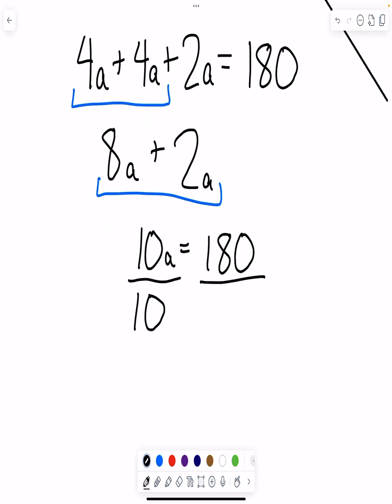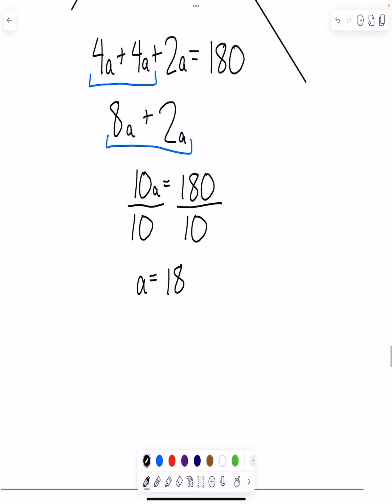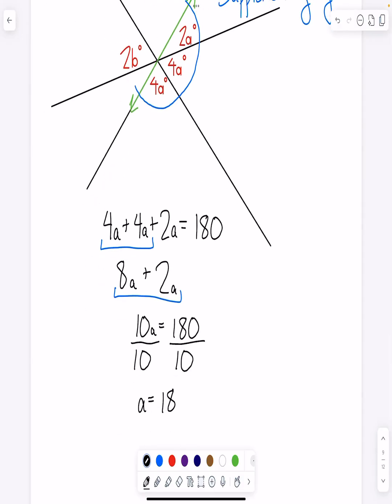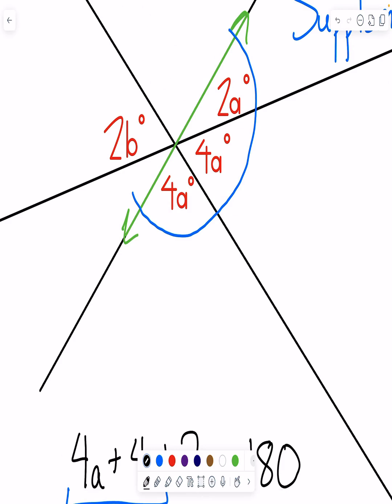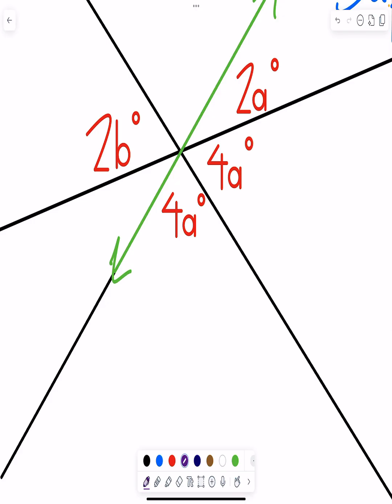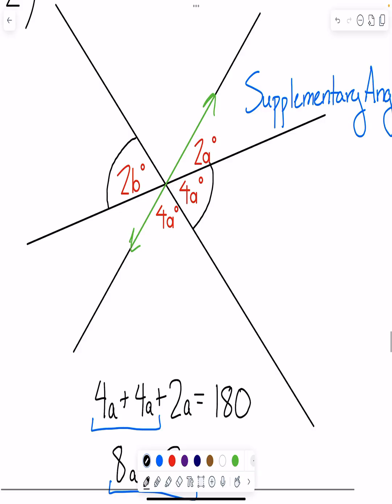Divide by 10. In this case, A is equal to 18. So, A being 18, I can plug that back in for A to see what one of these angles should be. I would much rather plug it back into this one right here, only because this 4A and this 2B would form vertical angles.